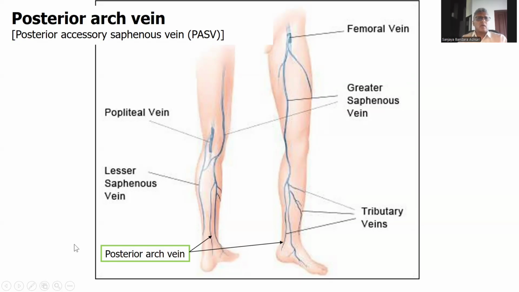So the posterior arch vein is given another name. It's called posterior accessory saphenous vein also, PASV. Now that name is the new name actually. Posterior arch vein is the old name. I like to use that name. It's simple and short name, posterior arch vein.